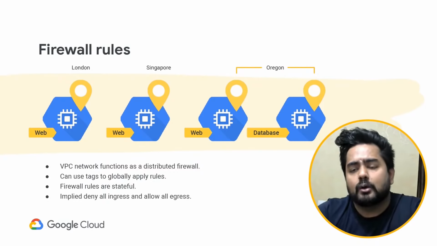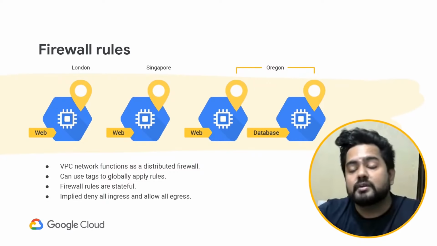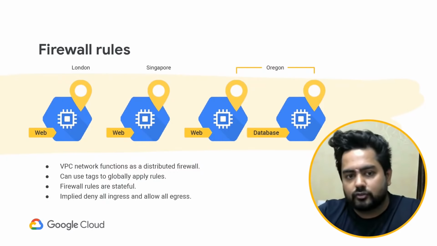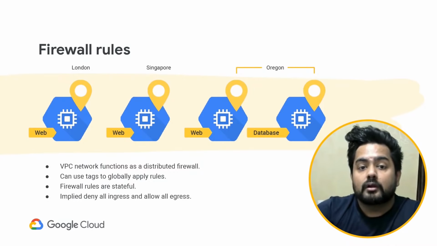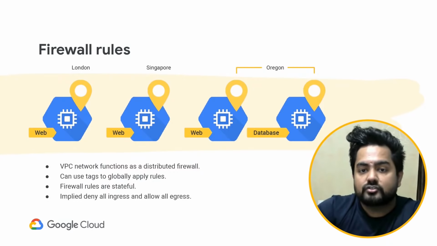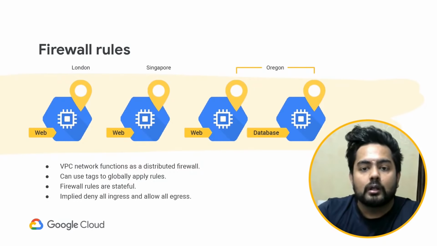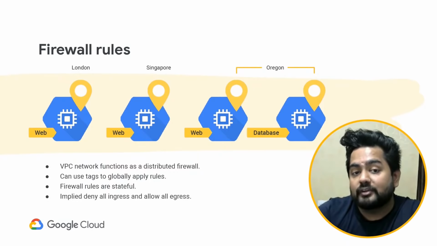Let's say I want to only allow port 22, maybe from a specific IP address, or I want to allow port 80 to a web server. You can define all those things in the firewall rules. All GCP firewall rules are stateful. That means the firewall rules allow bi-directional communication once you have established a session.